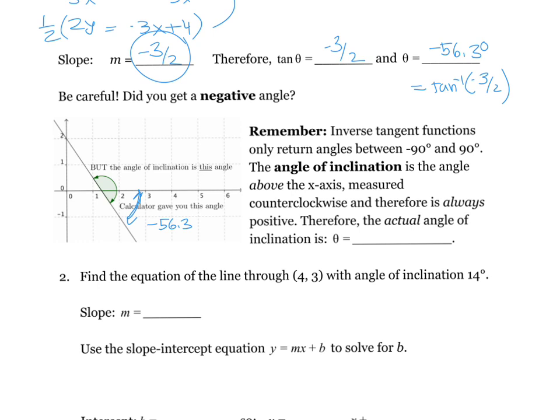So this other angle over here, the one that we really want, that's the angle of inclination. Basically, the angle that when added to 56.3 gives you 180. Or, very simply put, I could take 180 degrees and add this negative angle, or subtract it, however you want to look at that, and I'll get 123.7 degrees. That is my angle of inclination.